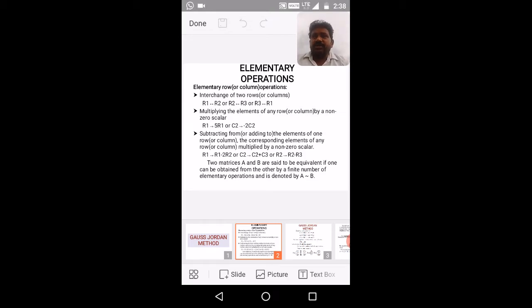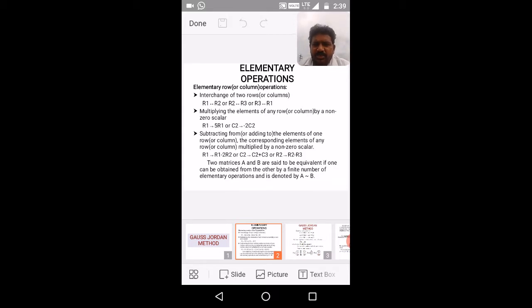Sometimes we go for addition of one row to another row, or sometimes division of a row by a number. And multiplying some row by a fixed number and adding it to another row, like this.